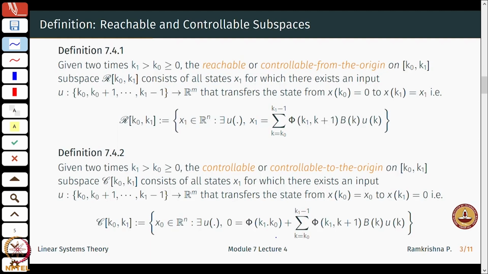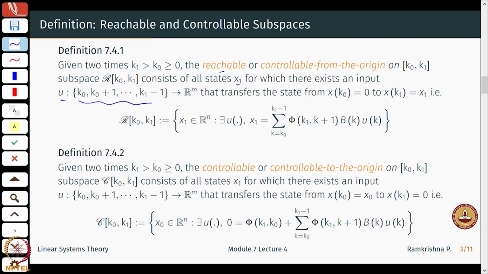Okay, so again the notion of the reachable and the controllable subspaces remains the same. So we will just read out these statements again. Given times k1 which is greater than 0 and k naught can be equal to 0, the reachable subspace consists of all states x1 for which there exists an input sequence.